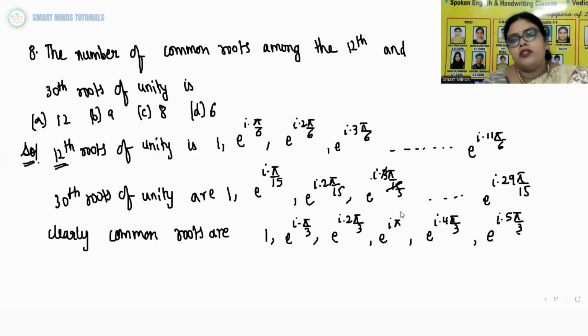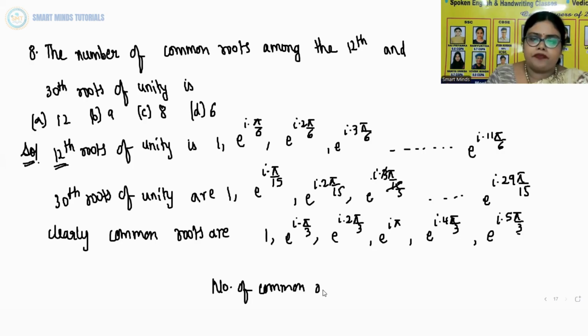So if you write all the terms and do the cancellation, and take the common roots, you get these are the common roots. So altogether, the number of common roots is 6. That is option D.